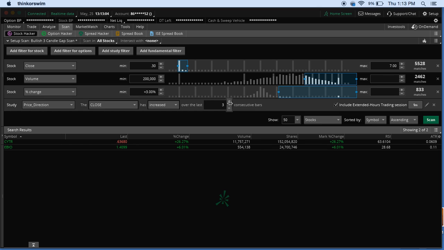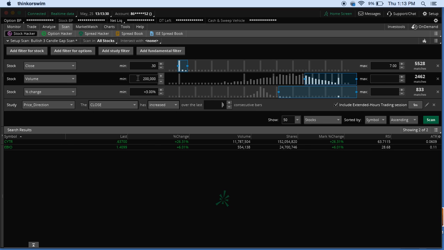I will go into more detail in a second. When you open up your scanner, it'll come up with some criteria like this. These are all filters for a stock, so you'll just have to hit add, but it usually pops up with at least 3 options here. You should enter a close and leave it somewhere between 30 cents and $7, basically searching for stocks within that price range.